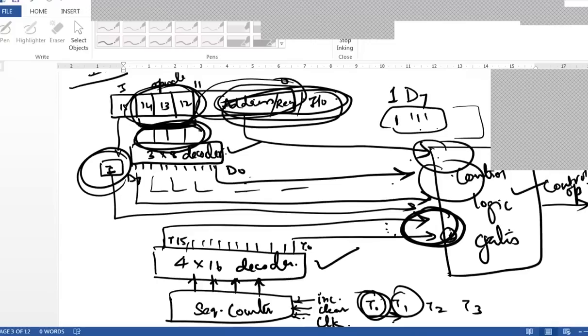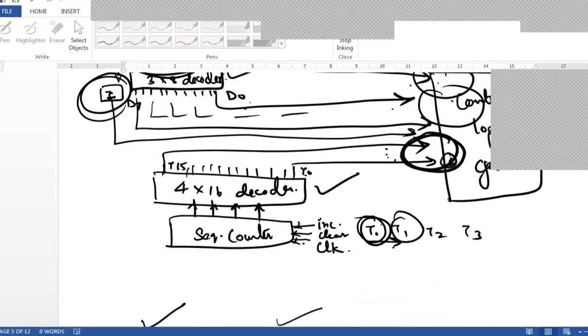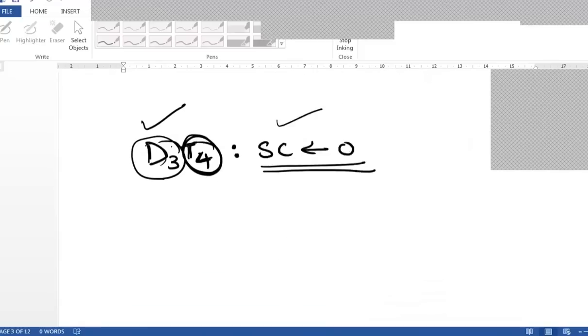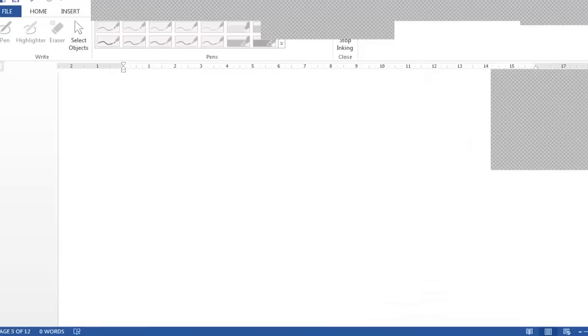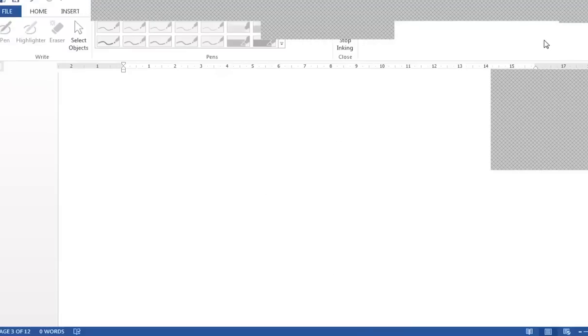I want all of you to be with me. If you have understood this, you will be able to draw it on your own without looking here and there. Fine, good. And you understood this timing signal as well. I told you T0, T1, T2, T3, and when you clear the sequence counter, it would again start from T0.